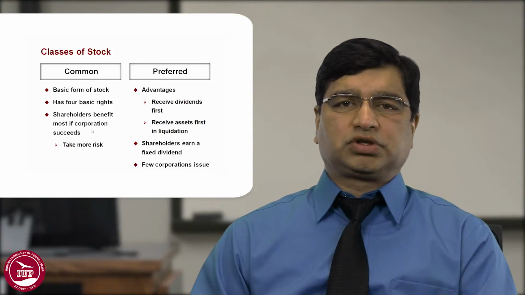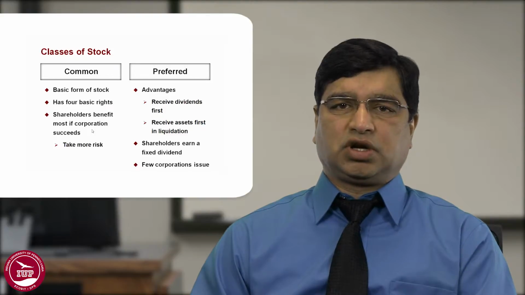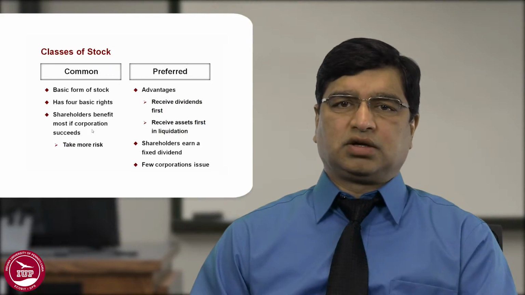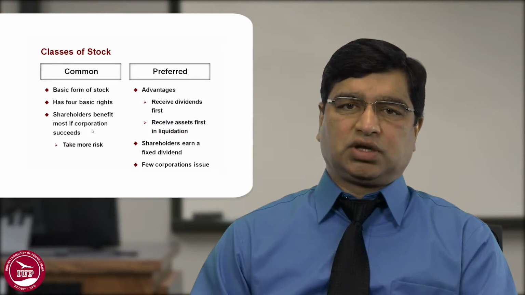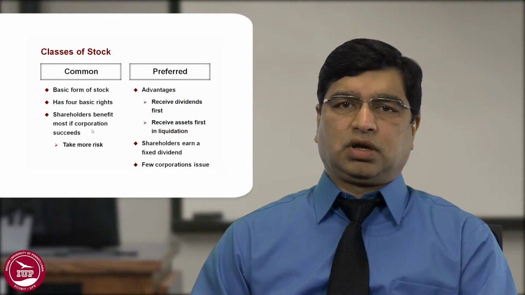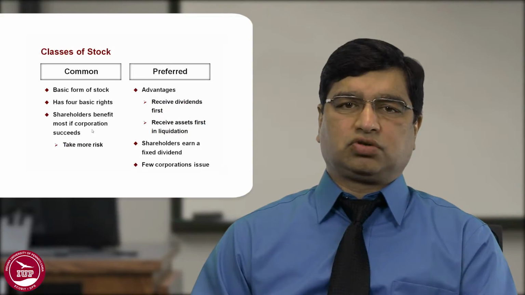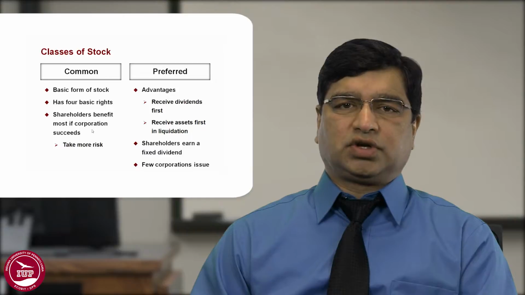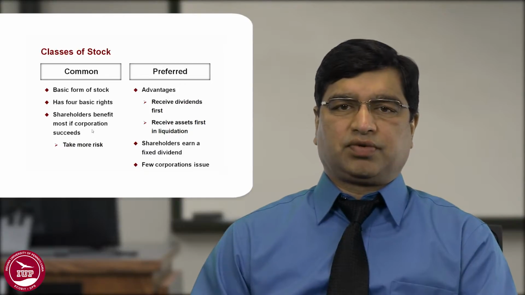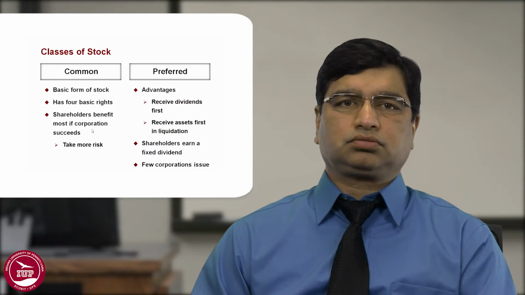Preferred stock is called preferred because it has certain advantages in terms of receiving dividends first and receiving assets if a company has to be liquidated. Sometimes preferred stockholders can earn a fixed dividend.